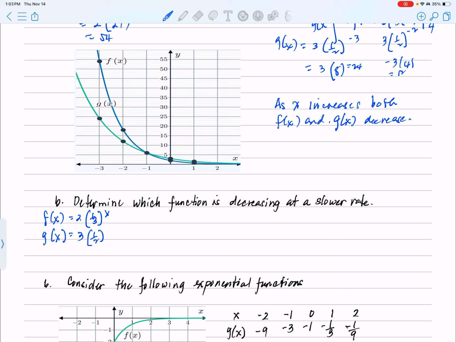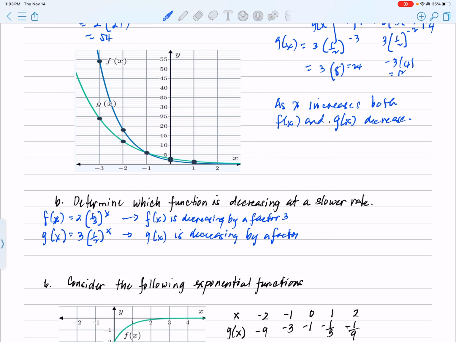We can see that as we approach 0 from the left, for each unit value in x, f of x is decreasing by a factor of 3, while g of x is also decreasing by a factor of 2.